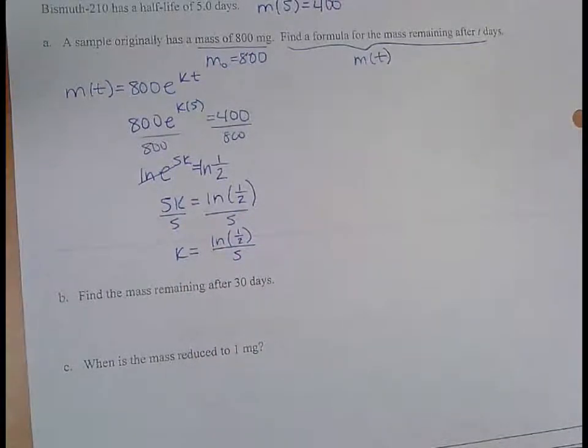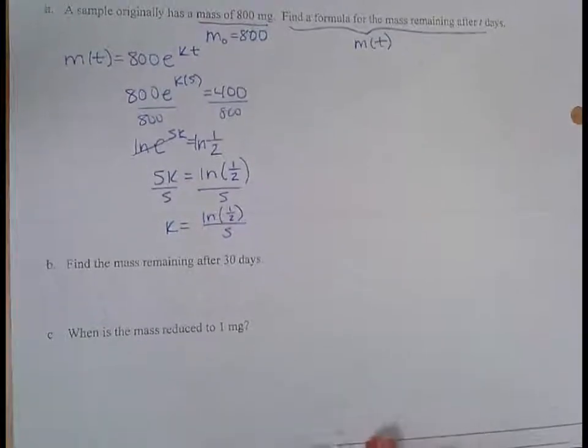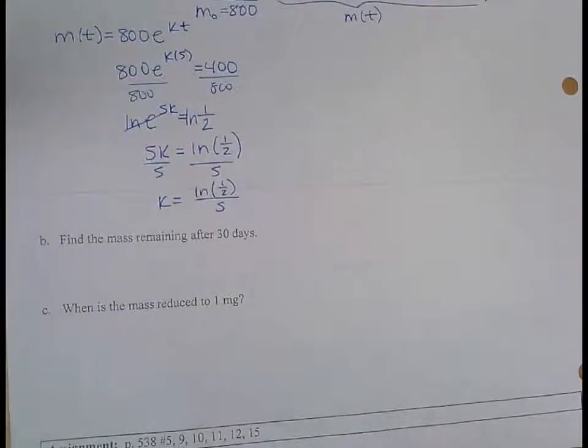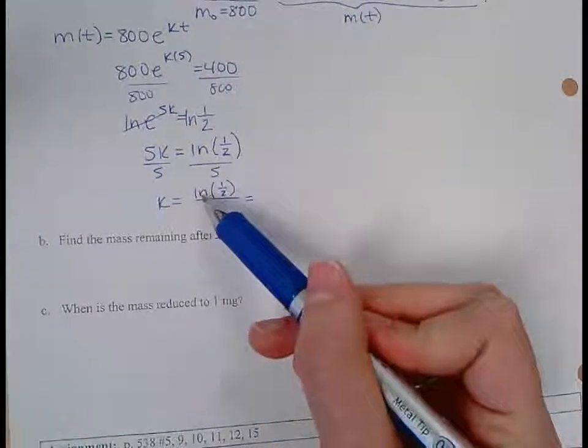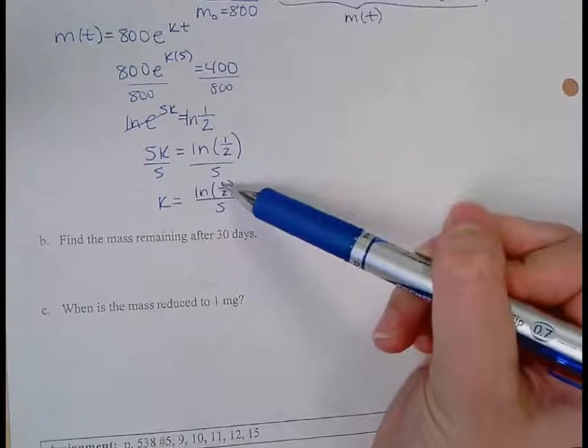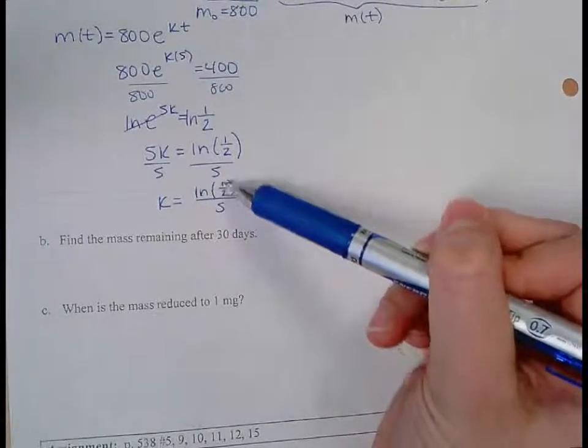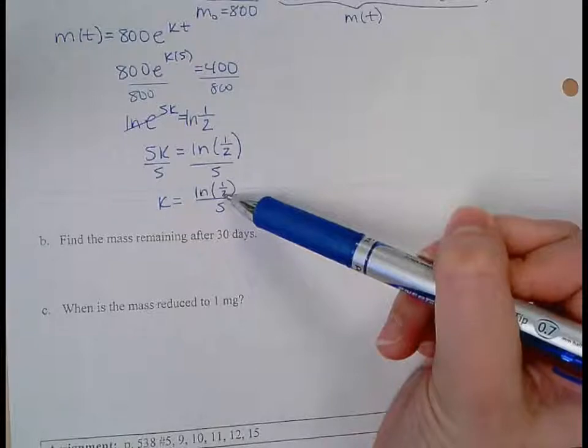Now, like I said, I'm going to show you some different ways to write some things. Usually, you won't see natural log of 1/2 left as natural log of 1/2. Because I can write the natural log of a fraction or of a quotient as what?